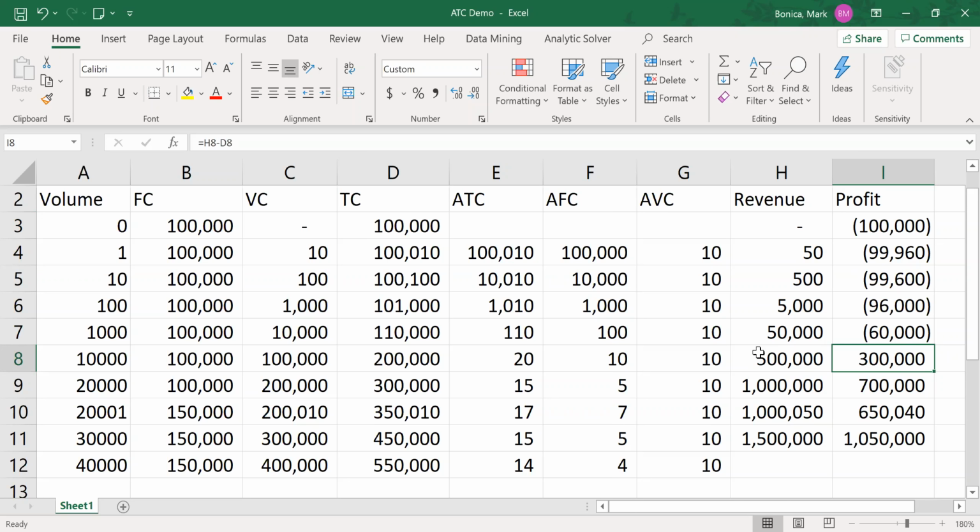Okay, so as volume increases, revenues increase, but so does total cost. But as volume increases, average total cost is decreasing. And so we can see that there's a point we cross somewhere between 1,000 and 10,000 where profit goes from negative to positive.